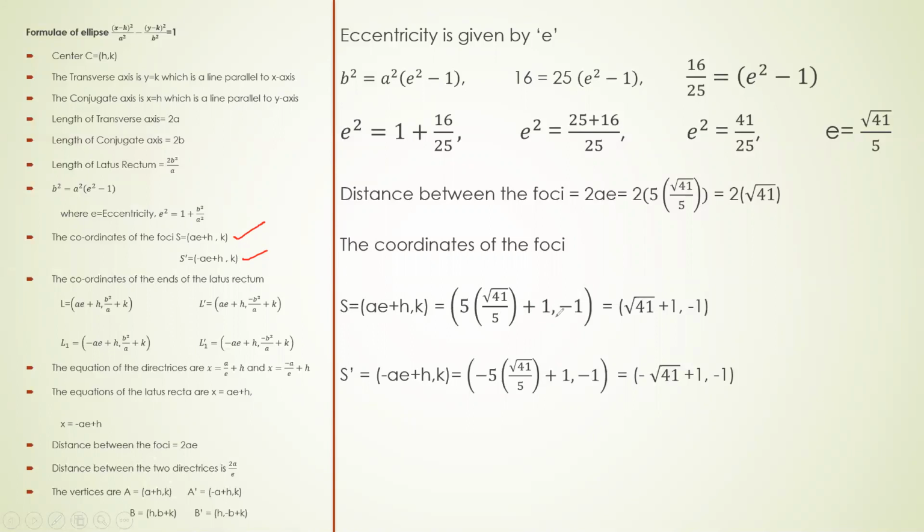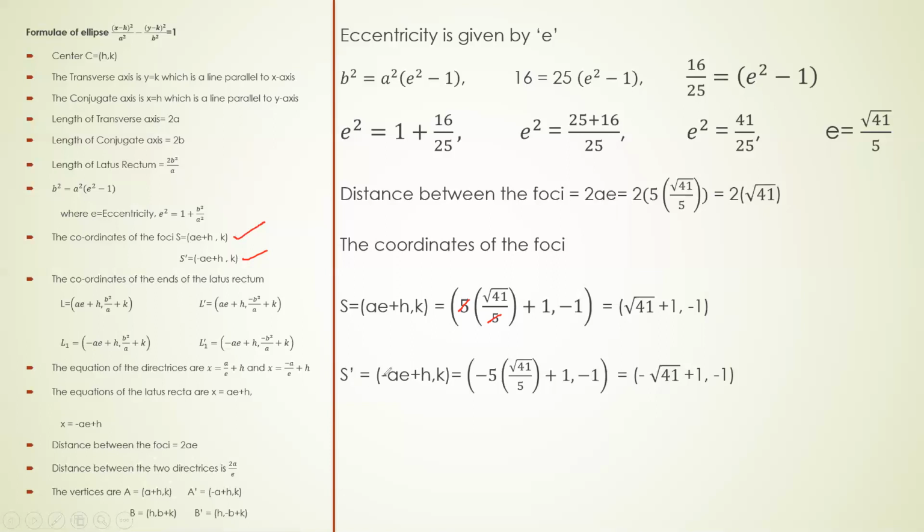The h value is 1, comma k value is -1. Now 5 and 5 get cancelled, multiplication and division. So the answer left is (root 41 plus 1, -1). Keep as it is.